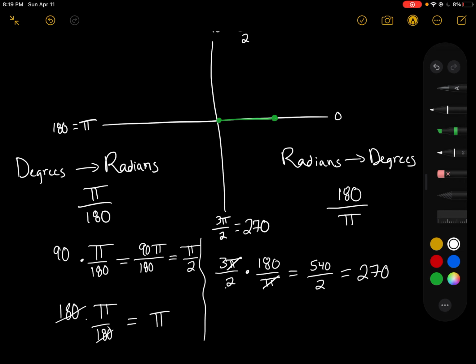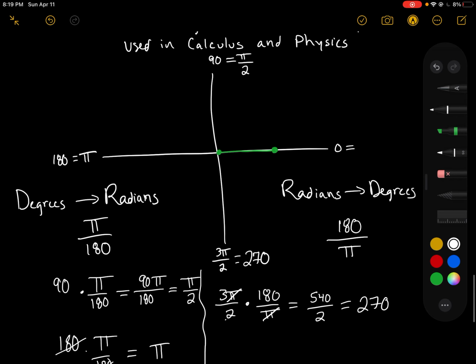So we'll get 540 divided by 2. 540 divided by 2 is 270 degrees. And then finally we can go full circle. This would also be the entire circle, or 360 degrees. And if we were to convert 360 to radians, we would get 2 pi.